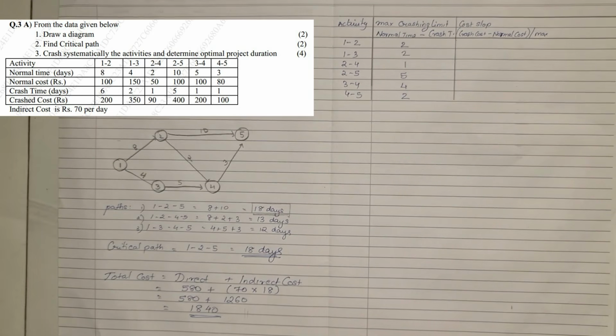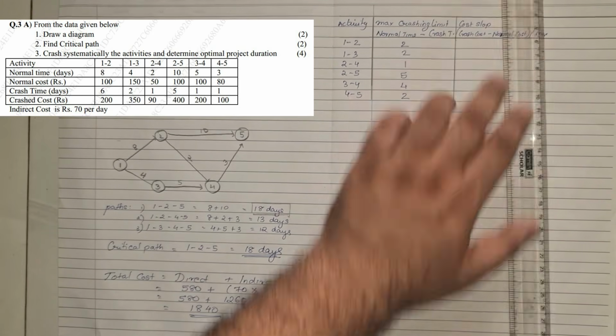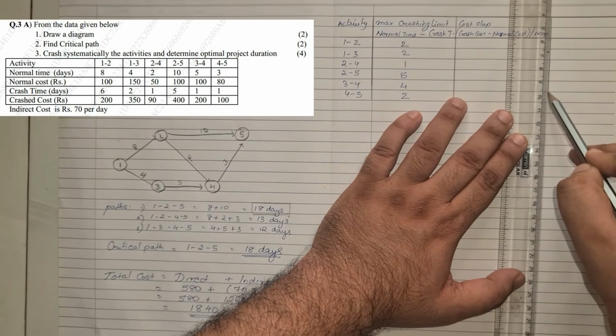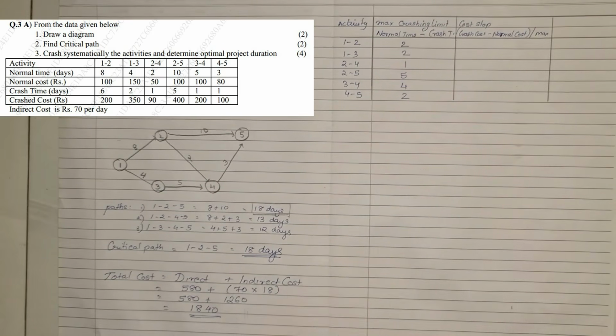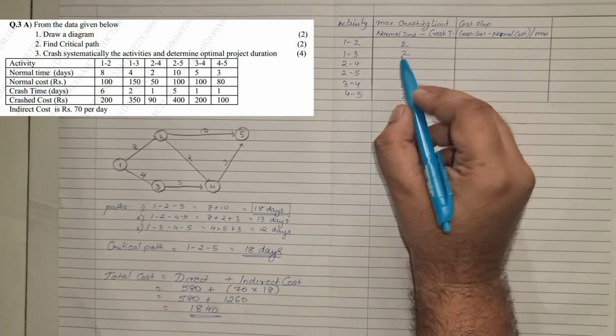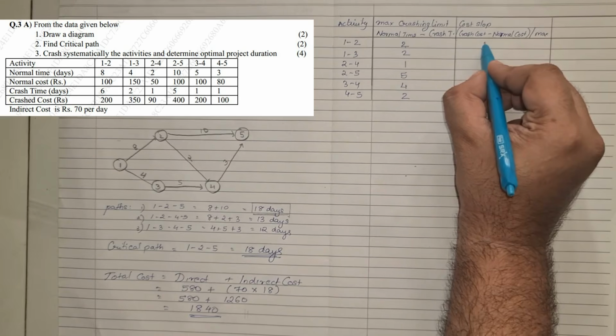So if you look carefully in your question, the crash cost was given as 200 and normal cost was 100. So 200 minus 100, which is 100. 100 divided by 2 comes to 50.